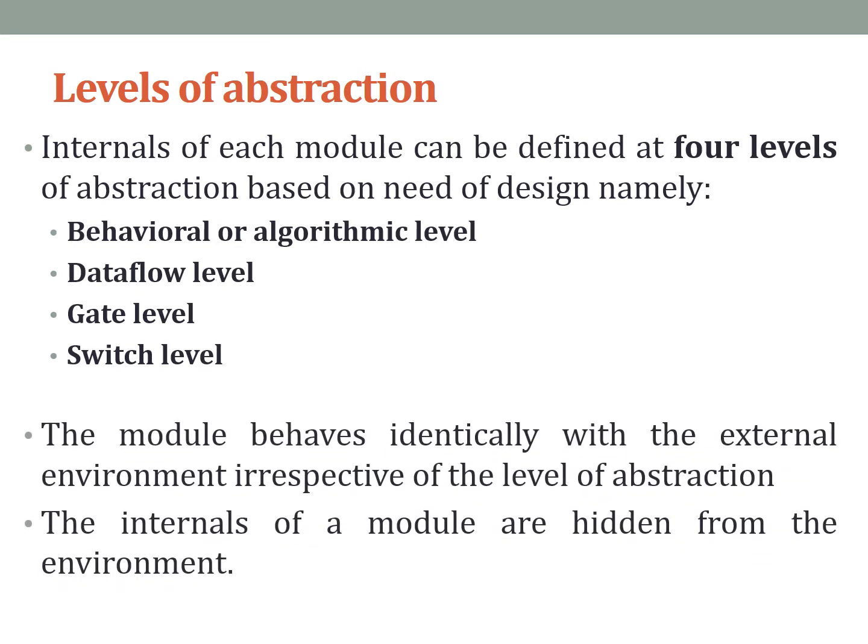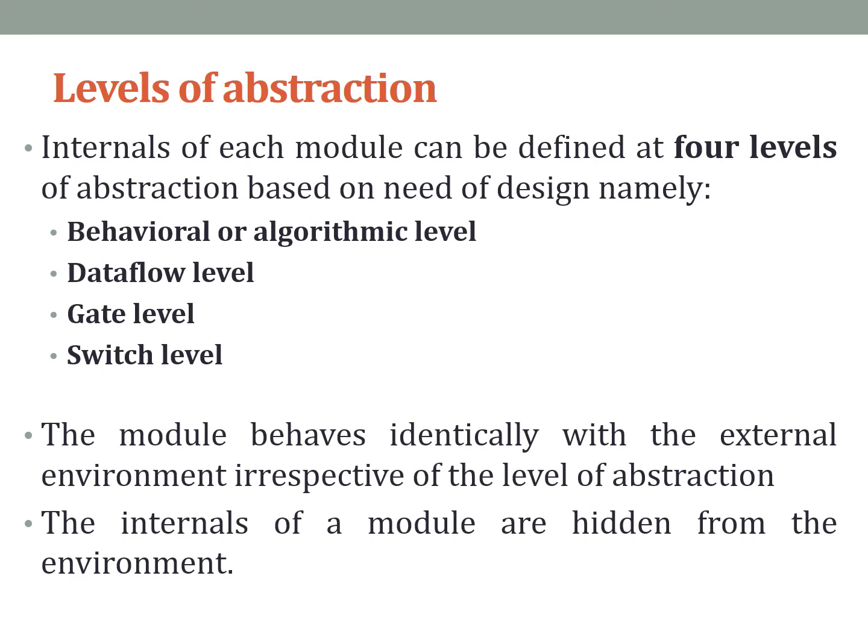A module behaves identically irrespective of whichever abstraction. If a module is described in behavioral, data flow, gate or switch level, the module behaves identically. The internals of the module are hidden from the environment, so irrespective of the abstraction level, the module works perfectly according to the functionality.